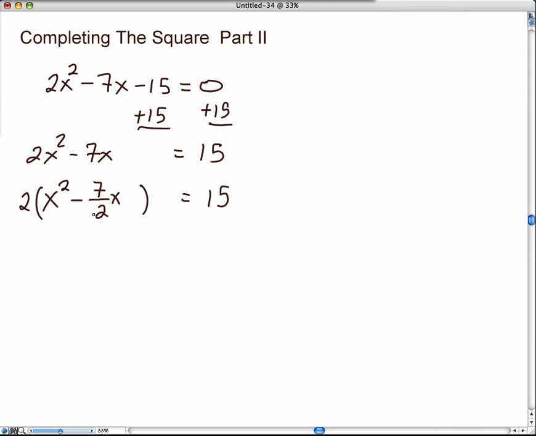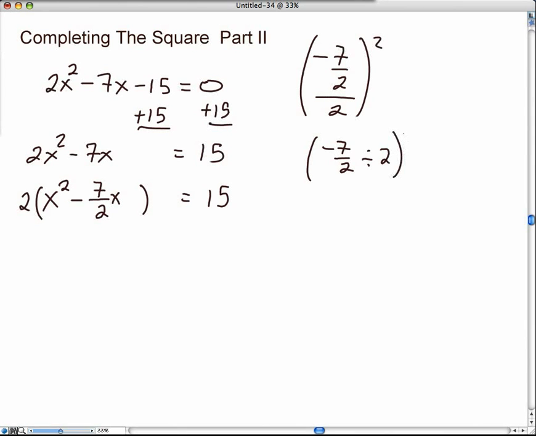Okay. All right, so we need to take negative 7 over 2 and divide that by 2, and then we need to square it. Even though it already has a 2 in the bottom, we still need to divide by 2, and we still need to square it. So this is really negative 7 over 2 divided by 2 squared, which is really negative 7 over 2 times, what do we do with this 2?